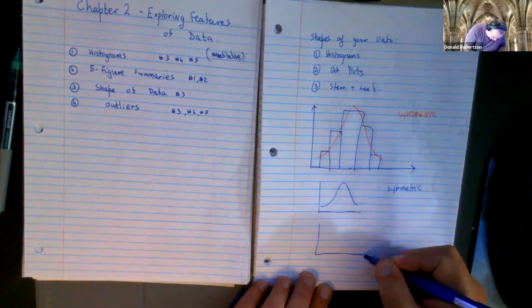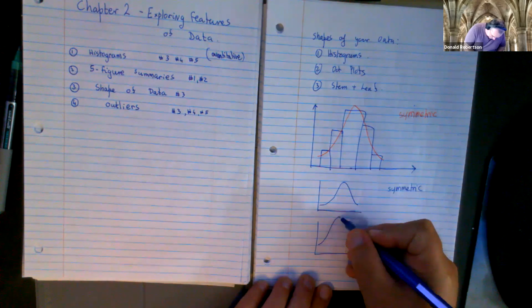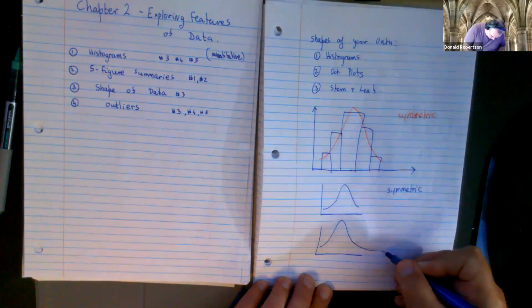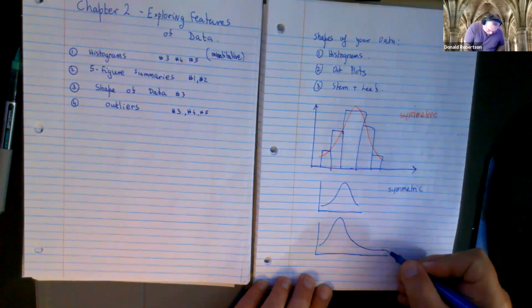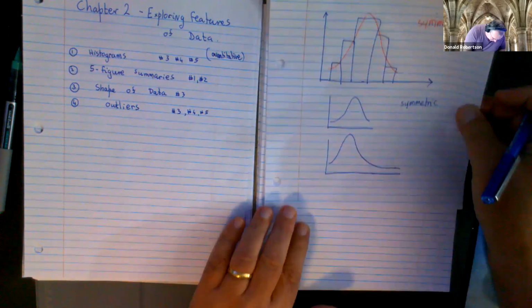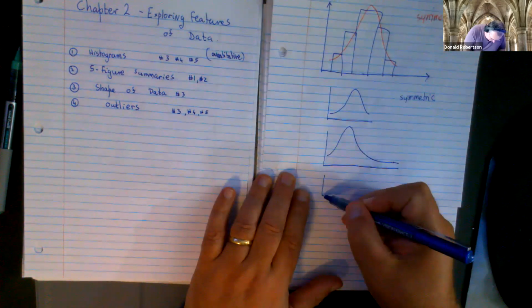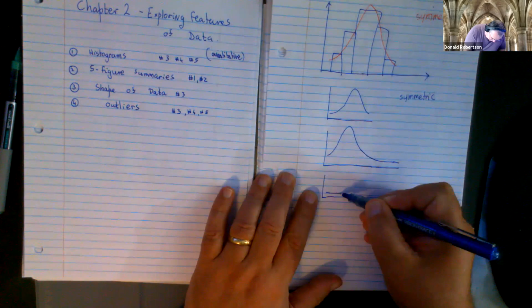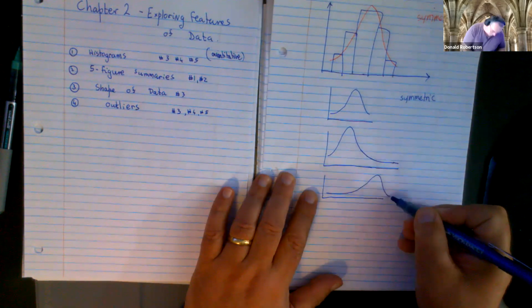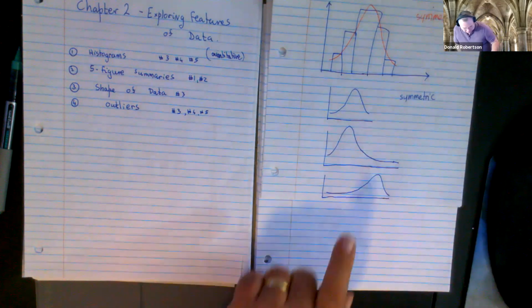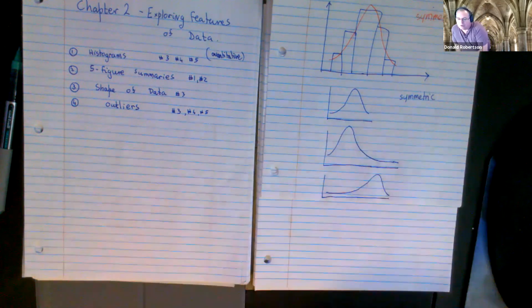Now, there are two other guys. Data sometimes looks like this. And sometimes the data looks like this. And these shapes happen quite a lot. And because they do happen a lot, we have names for them.